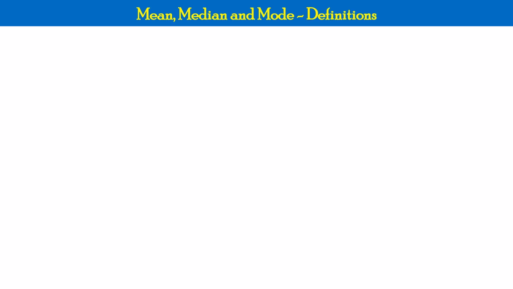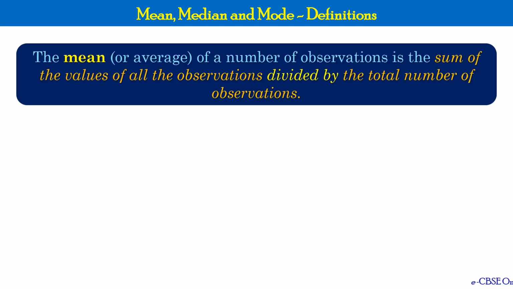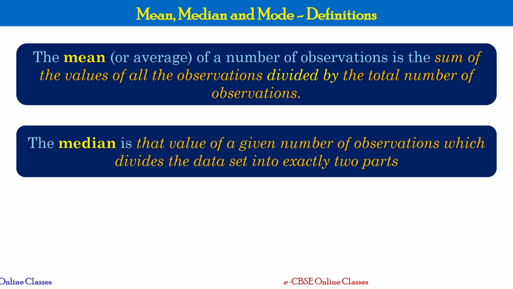Correct. So the formal definitions of mean, median and mode are like this. The mean or average of a number of observations is the sum of the values of all observations divided by the total number of observations. The median is that value of a given number of observations which divides the data set into exactly two parts.